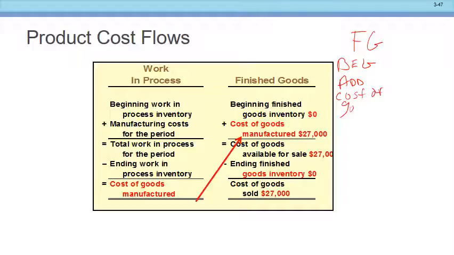Sorry that the writing is so horrible, but the pen will flip the screen if I'm not careful. Beginning, I have my add, which is what? My cost of goods manufactured. My subtract is what? Subtract is my cost of goods sold.